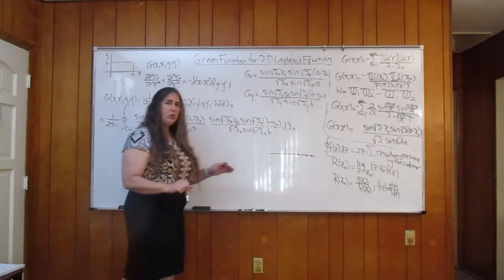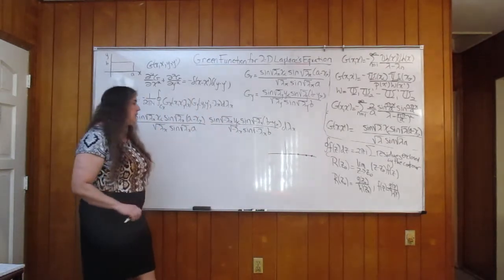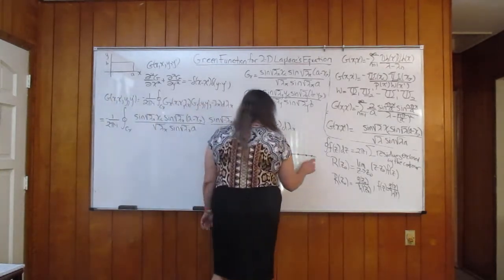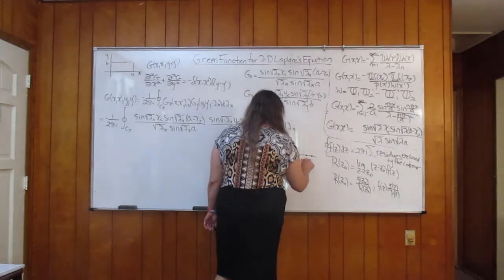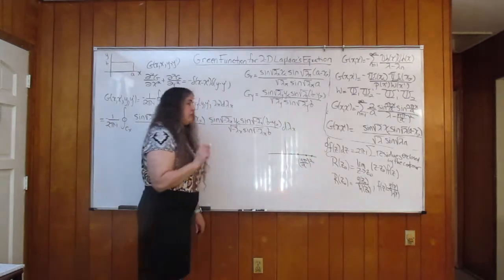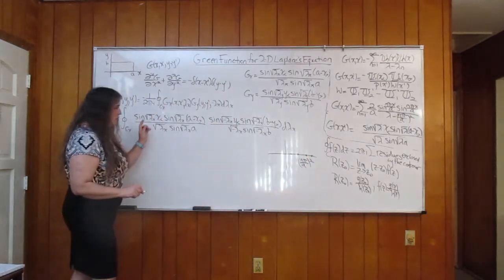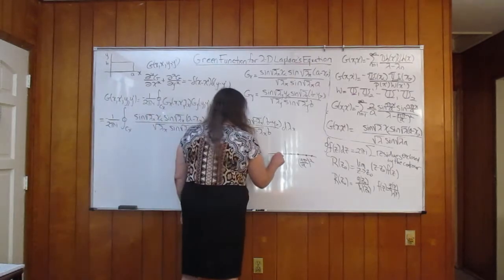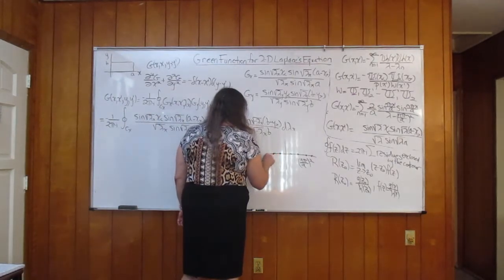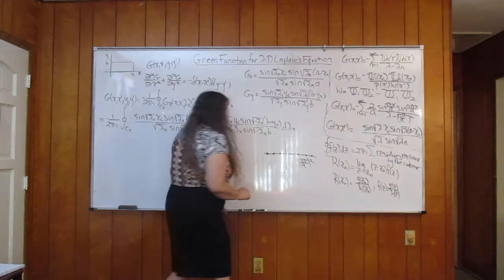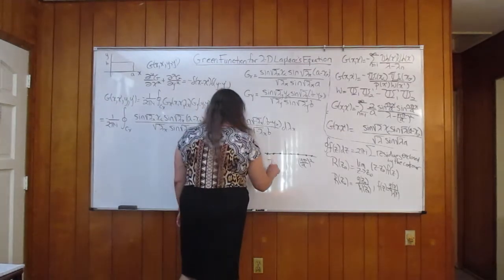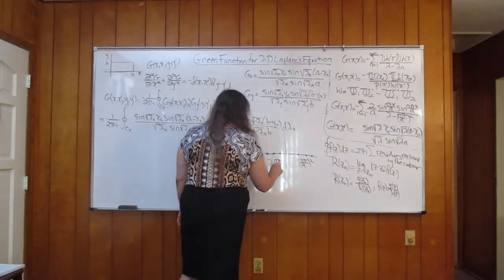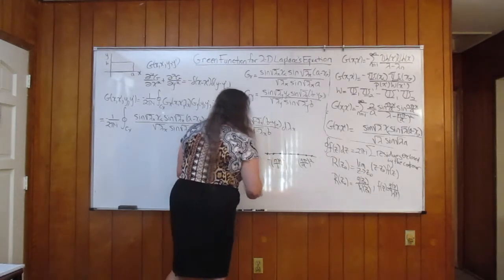G of x has poles that lie along the real positive axis, and they're at n pi over a, squared. So those are the poles due to gx. Poles due to gy are actually going to be along the negative real axis, at minus n pi over b, squared.